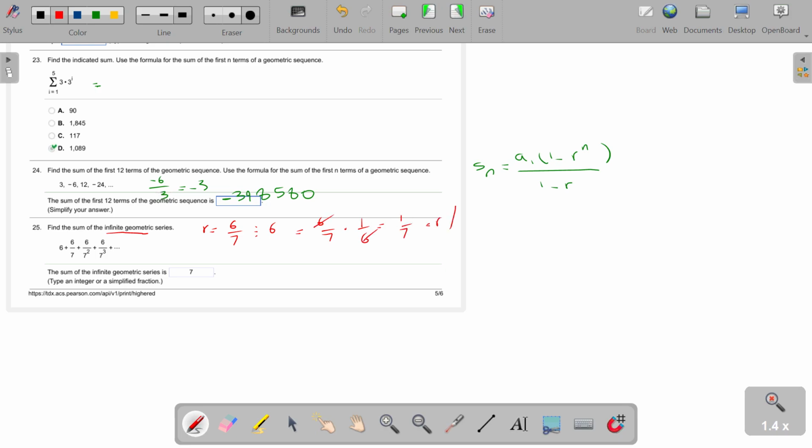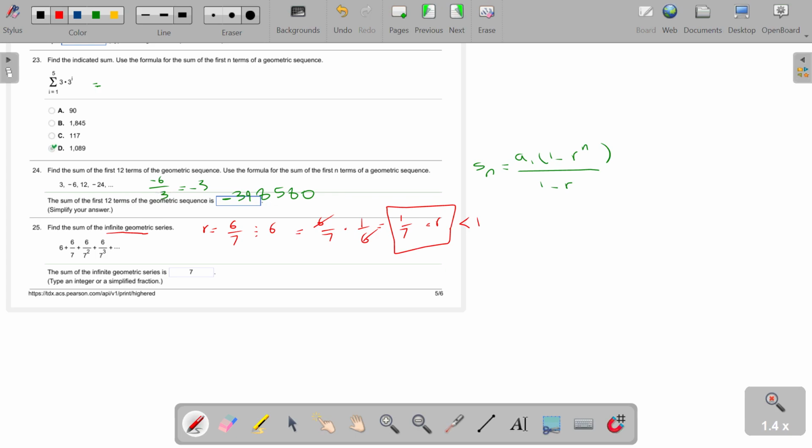And we know that if the R value in an infinite geometric series is less than 1, this is going to be a convergent series. Convergent series means it's getting closer to a specific number.